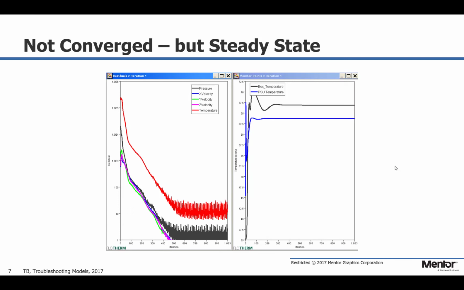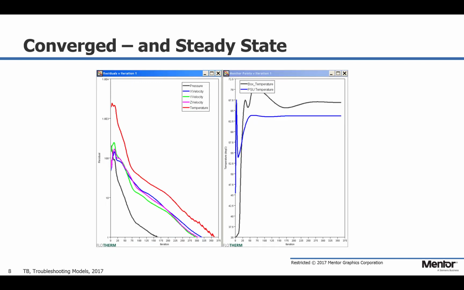In our next case, we have the opposite, where the residuals have not reached 1, but the monitor points are flat and in steady state. The default termination residual in this case is too strict. It is difficult for Flotherm to reach a residual of 1. And here we have an ideal case. Our residuals reached 1 and our monitor points are now flat and in steady state. This is what you want to see.